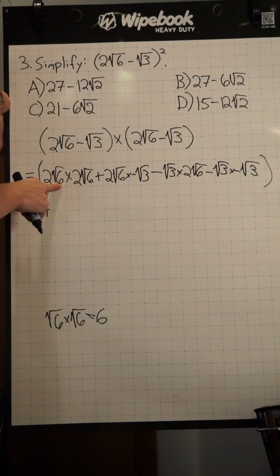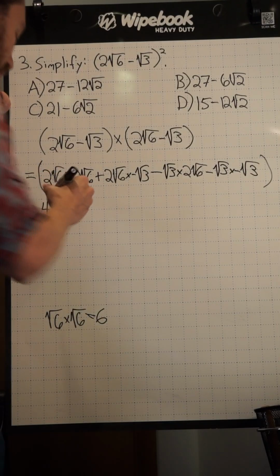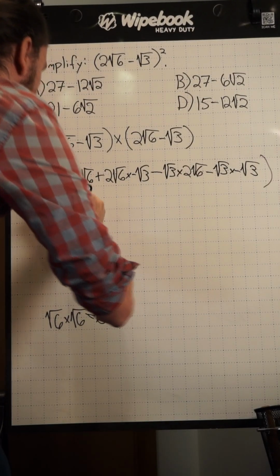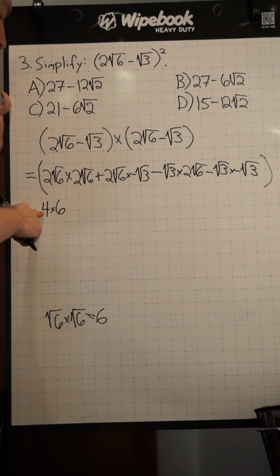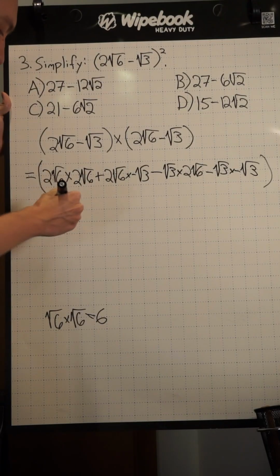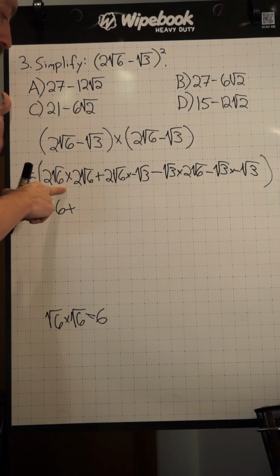This is the trick that we're going to use for all of these square roots. Square root of 6 times square root of 6 will just give us 6. So when we multiply these together, it will give us 2 times 2 is 4, and square root 6 times square root 6 will give us 6. That's the first term we simplified.